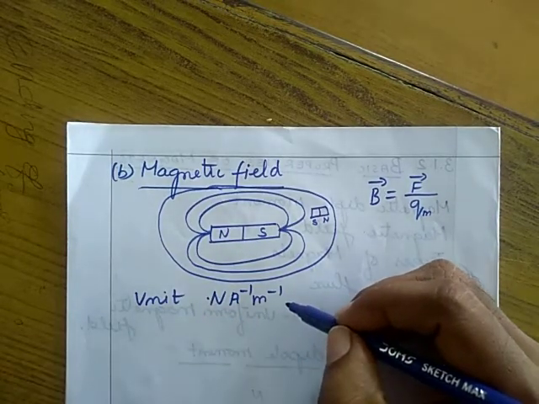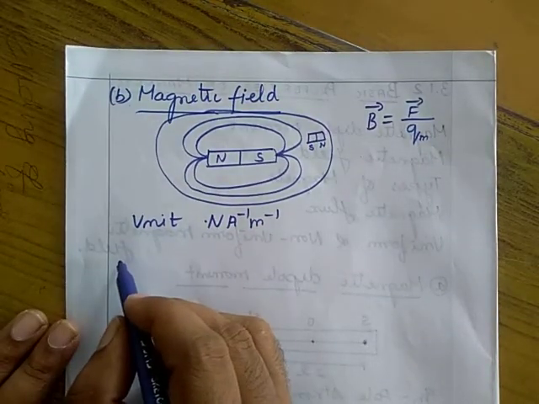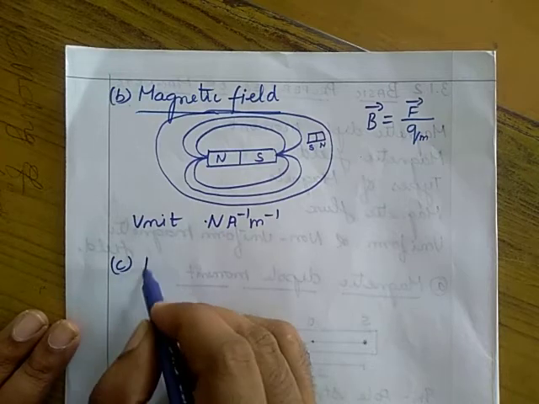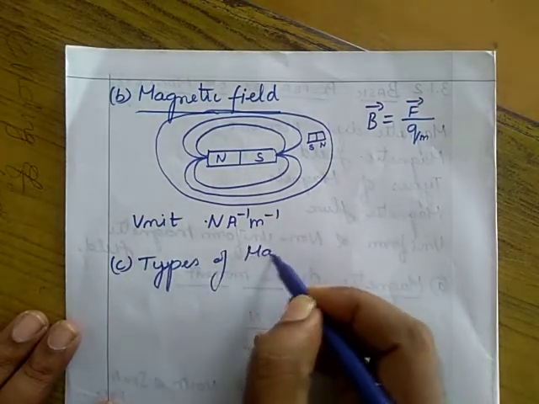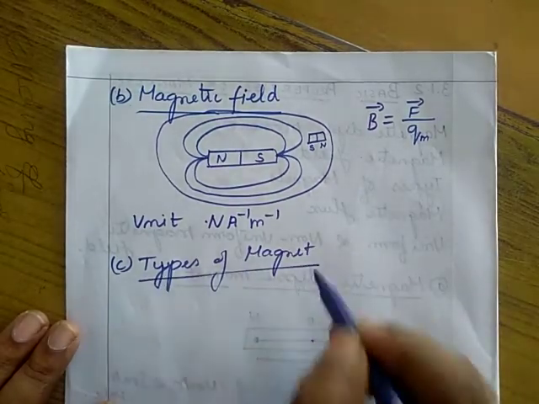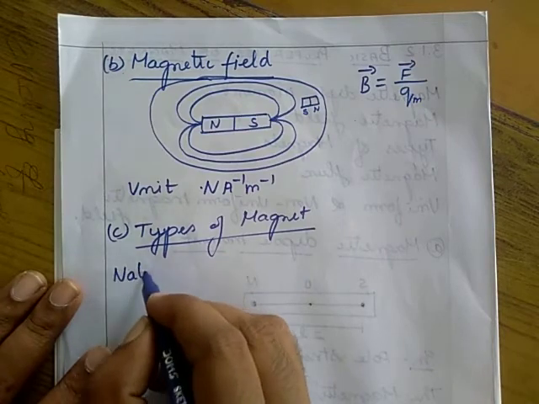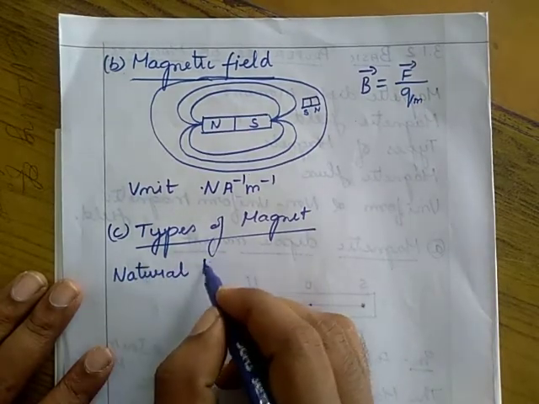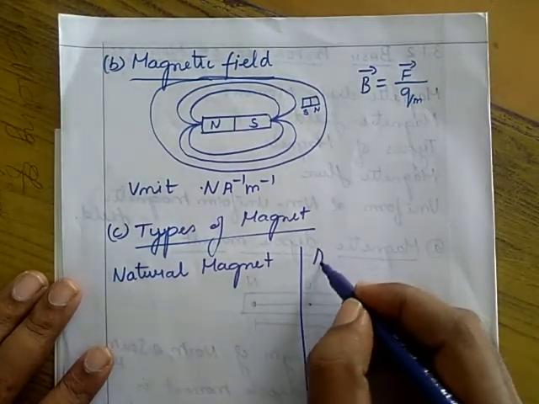Then we see what the types of magnet are. Listen, there are two types of magnet. One is natural magnet, and the other one is artificial magnet.